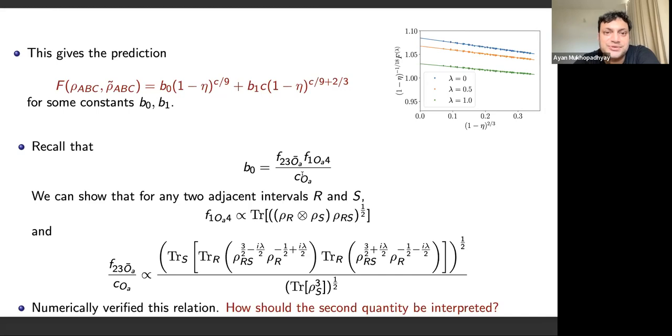If you see it as a partition function on a covering space, versus you take an OPE limit, they give you different results. So I identified this F23OA as a function of the density matrix. Then this looks like it depends on lambda, just like the original expression looked like it depended on lambda.